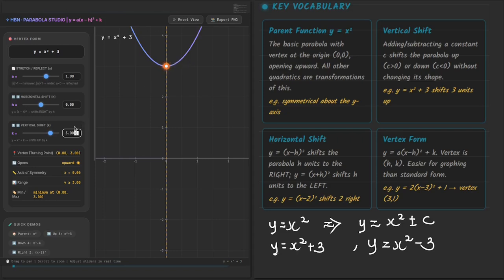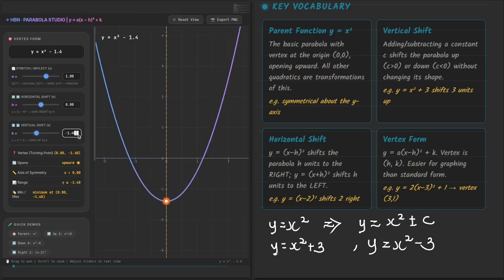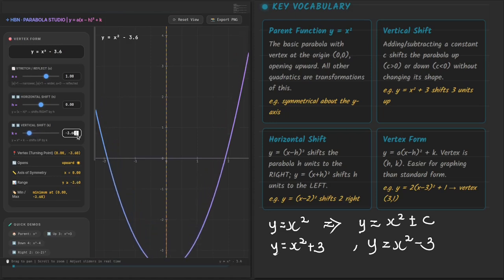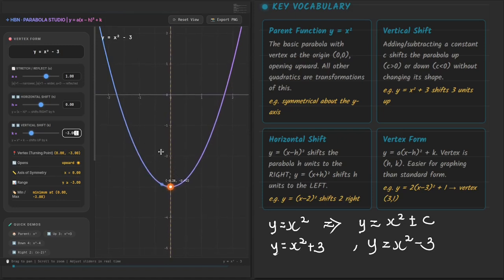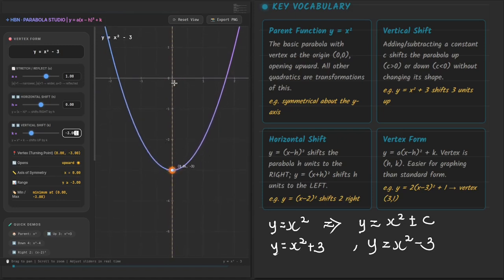You see that? So let's come back to the parent function. What if I actually use minus 3? So for minus 3, let's look at what is going to happen. Coming all the way down to minus 3, look at what happens. It shifts the parent function downwards.